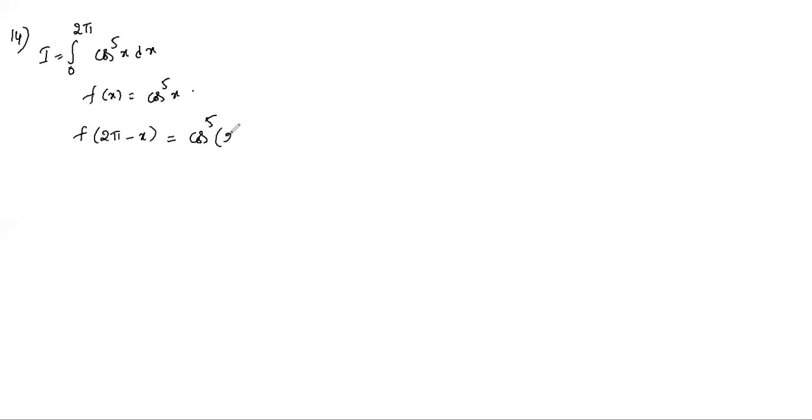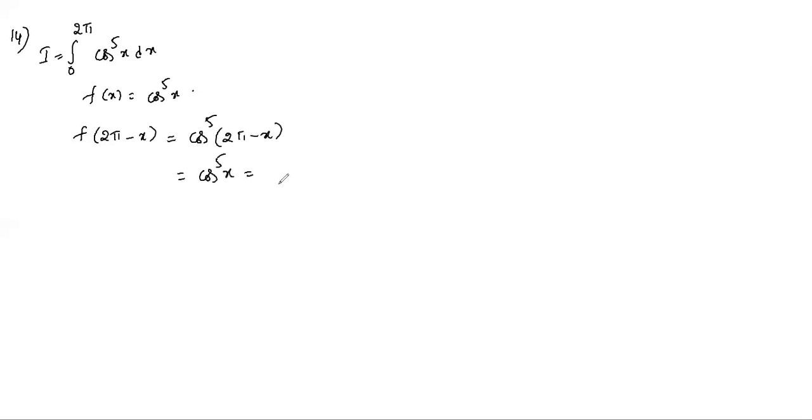Next one, integral 0 to 2 pi cos power 5x dx. So start with I. Let f of x equal cos power 5x. So f of 2 pi minus x is the 2a minus x property. So 2 pi minus x is in the fourth quadrant, cos is positive, and at 2 pi there is no change.